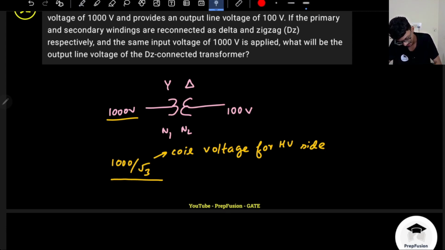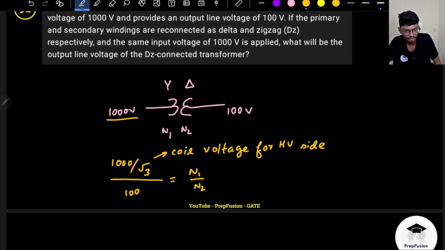What is the coil voltage here? The LV side is delta connected, so line and phase voltage are the same, so this will be 100 only. That is given as the turns ratio N1 by N2. So from here I can simply find the turns ratio: N1 by N2 comes out to be 10 divided by root 3.